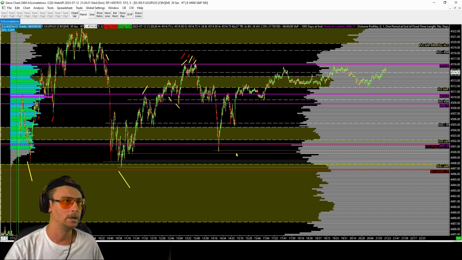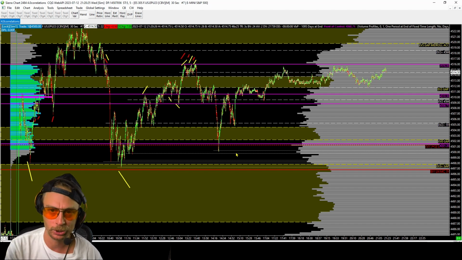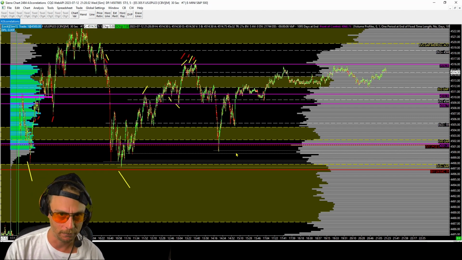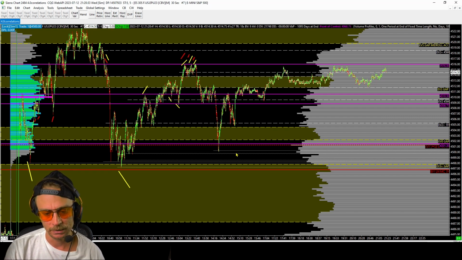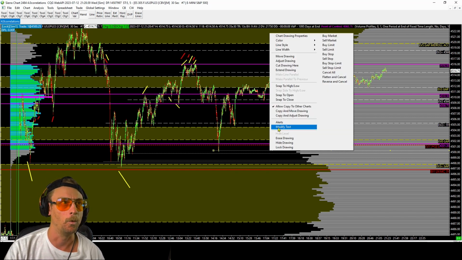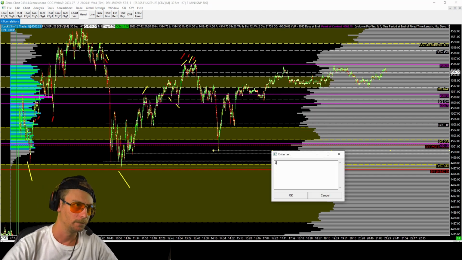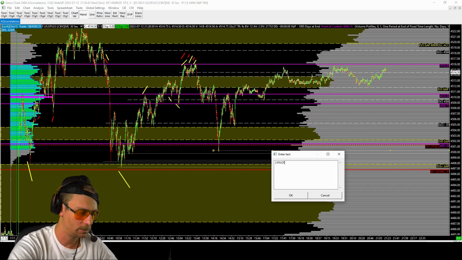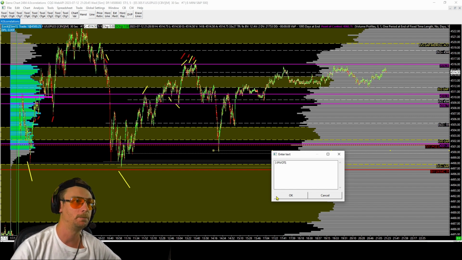Sometimes there'll be orange, and a bunch of different colors, because I want to change the colors if it resupports here each day, so I have an idea that it's pivoted here this many days. So at this point, I'm going to label one of these, and it's going to say 3 pivots. So 3 major pivots.